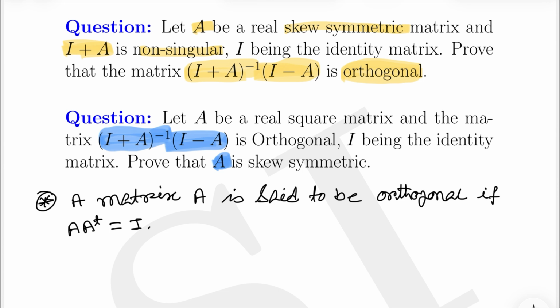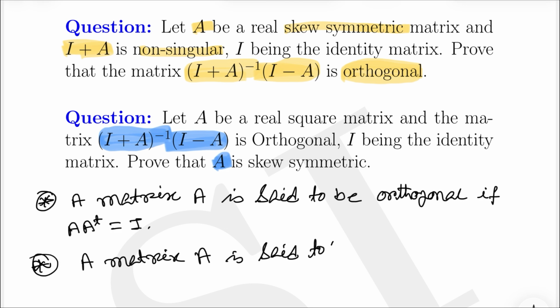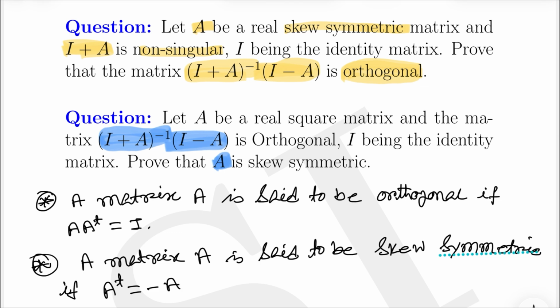Since I plus A is non-singular, the determinant of I plus A is non-zero. Now, what is a skew symmetric matrix? A matrix A is said to be skew symmetric if A transpose is equal to minus A.